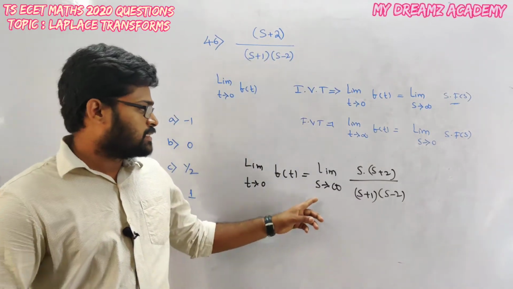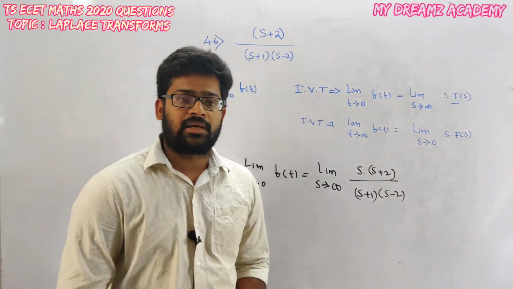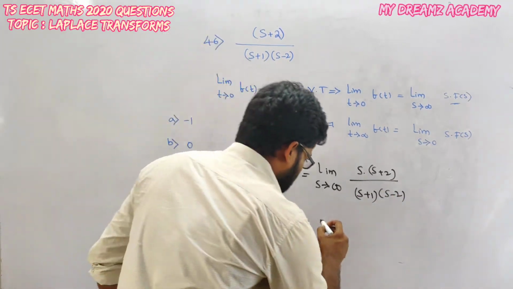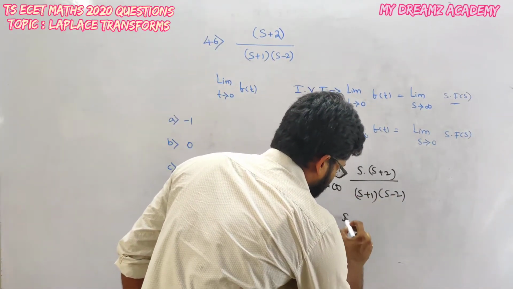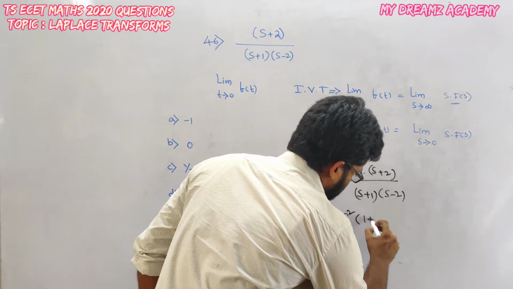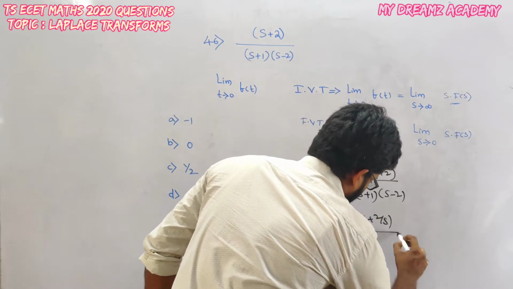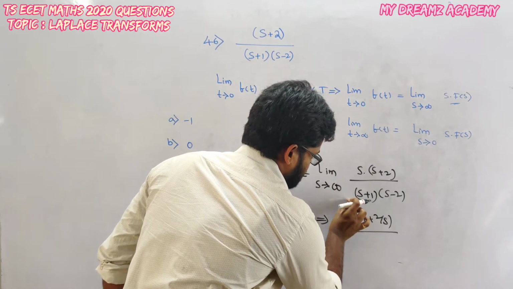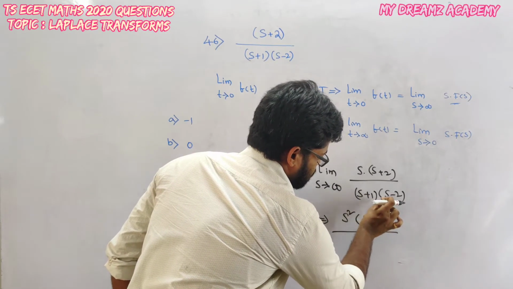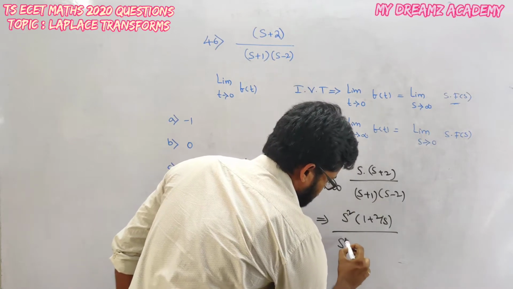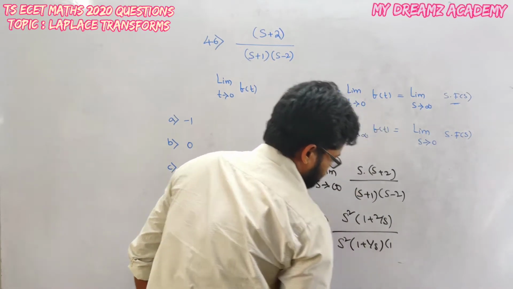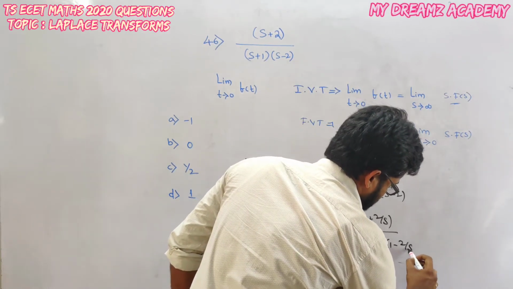While applying s equals infinite, we should not directly substitute s equals infinite in the given function. We need to take s common from the numerator, s square, that is 1 plus 2 by s. Now from the first term, take s out, and from the second term also take s. So it will become s square (1 plus 1 by s)(1 minus 2 by s).